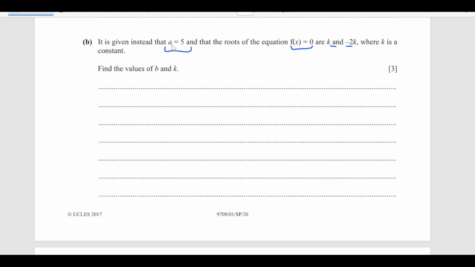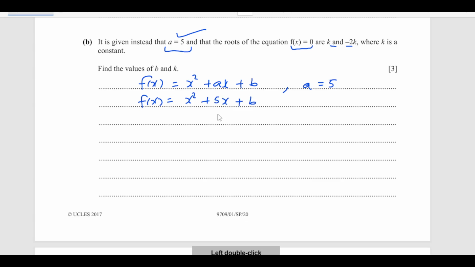Roots means the values of x. Find the value of b. So, f(x) is x squared plus ax plus b. Now, a is 5, that is what we are given here. So, then f(x) becomes x squared plus 5x plus b, right.